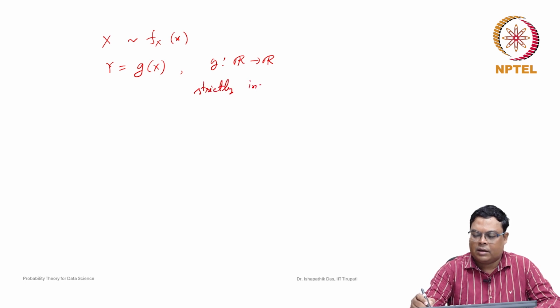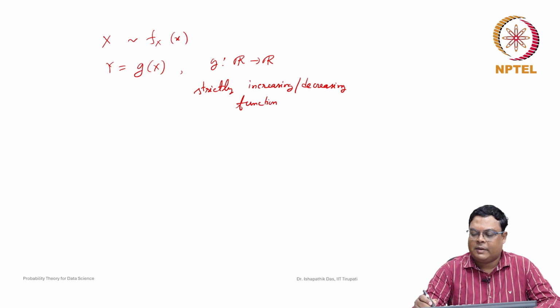So it is a strictly increasing or decreasing function from R to R, and it has some inverse. Whenever we consider g from R to R, strictly increasing or decreasing, then h equals g inverse exists.